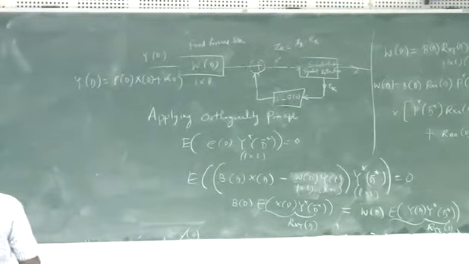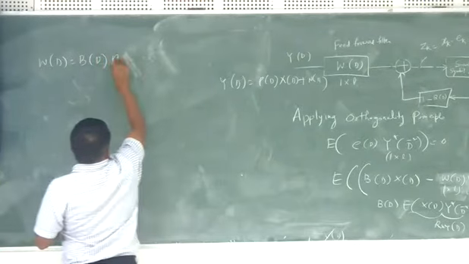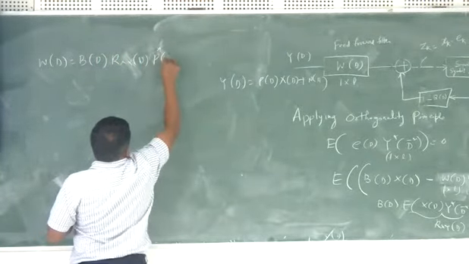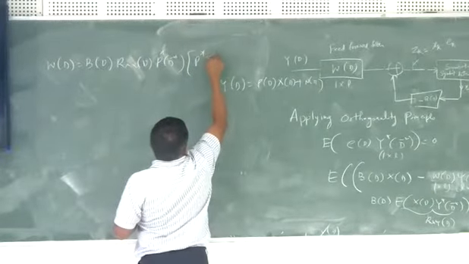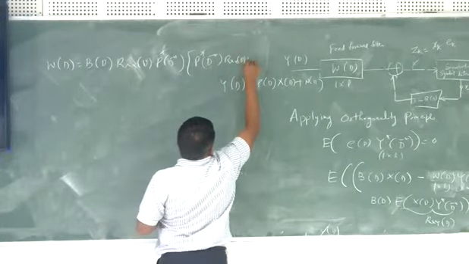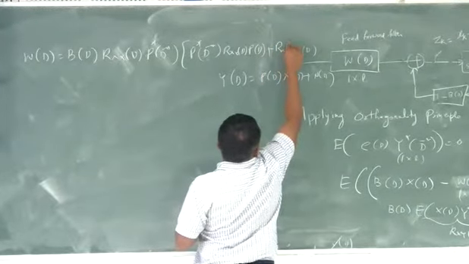I will rewrite it here. W of D is equal to B of D Rxx of D P star D inverse, times Rxx of D P of D P star D inverse plus Rnn of D, the whole inverse.